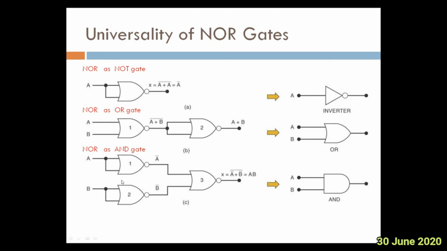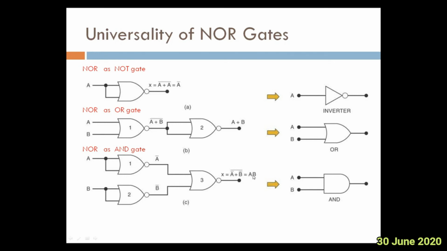Similarly, NOR as an AND gate. Now let us see. If A is an input, because NOR is already represented as a NOT gate here, A is an input, A bar is here. B is an input, B bar is here. Now once again one more NOR gate here, but the two variables are different, A bar and B bar. Therefore I will do OR first, A bar plus B bar, and whole bar.